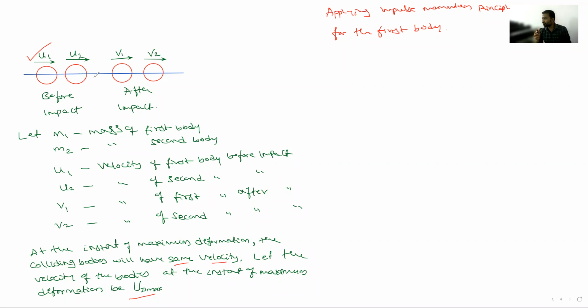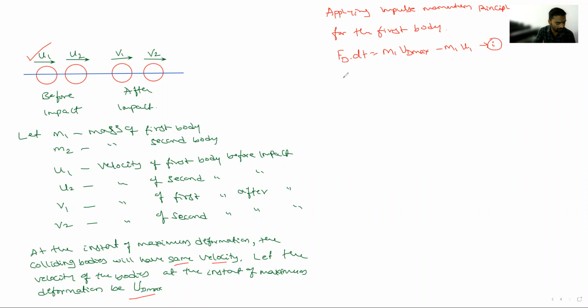So FD into dt is equal to m1 into ud max minus m1 into u1. This is final momentum, this is initial momentum. This is equation number 1.